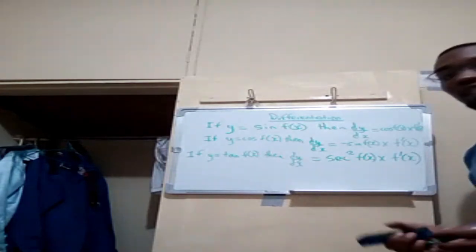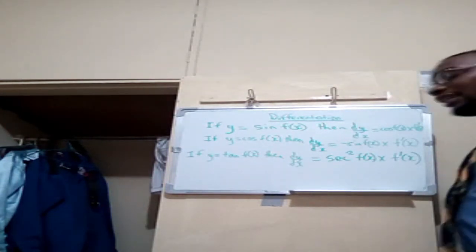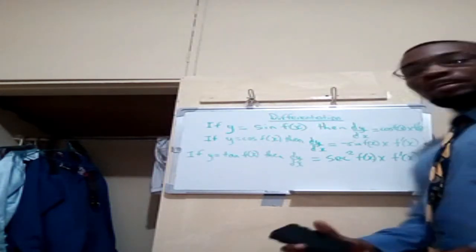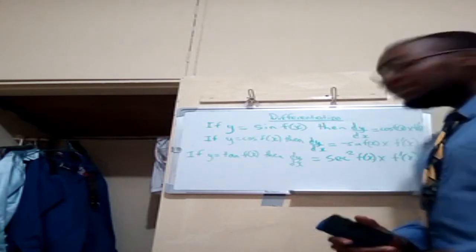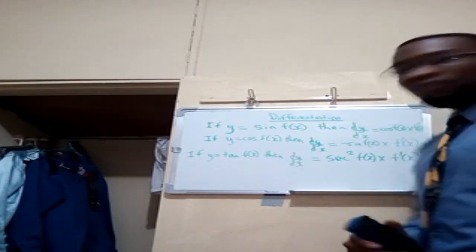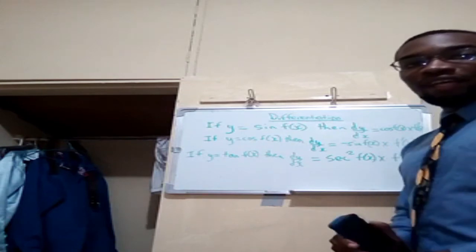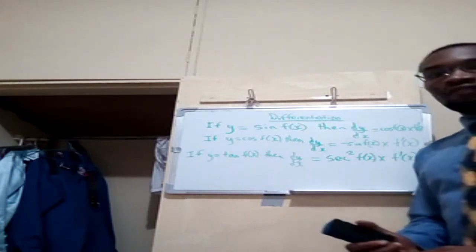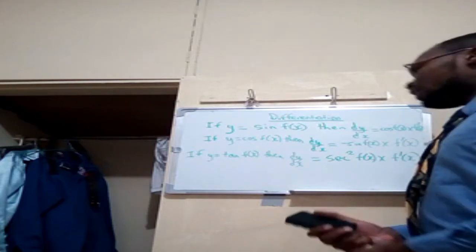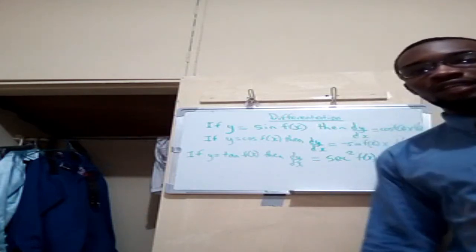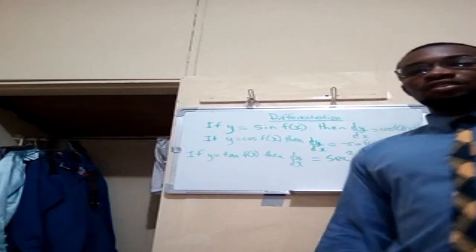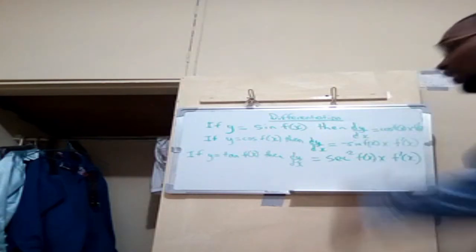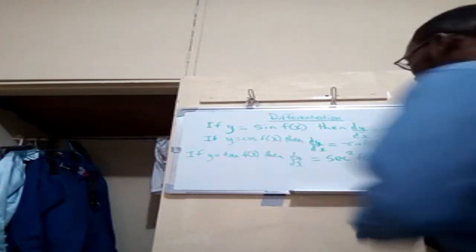That's how we differentiate tan. And that's how we find the derivative of a tan function of x. Now of course let's look at some examples. We always want to do examples. Let's look at one example for each.